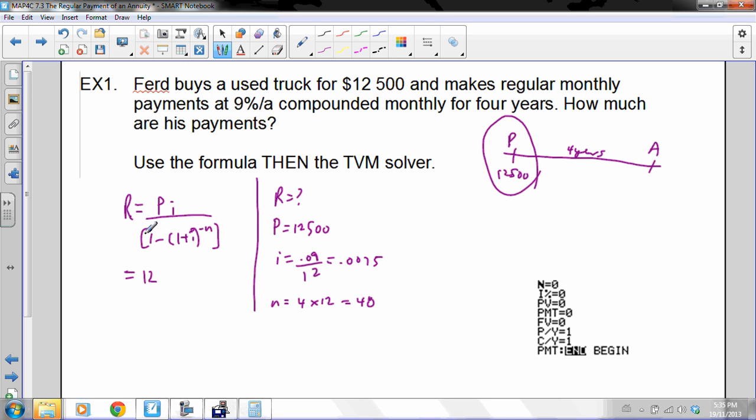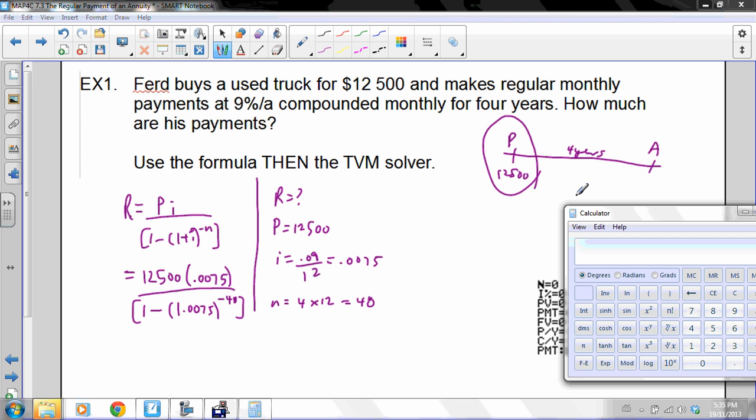It is a little nasty when we've got this big bracket on the bottom here, but we'll see it's not so bad. i is 0.0075, and then in brackets, a couple of brackets here, 1.0075 to the exponent negative 48.